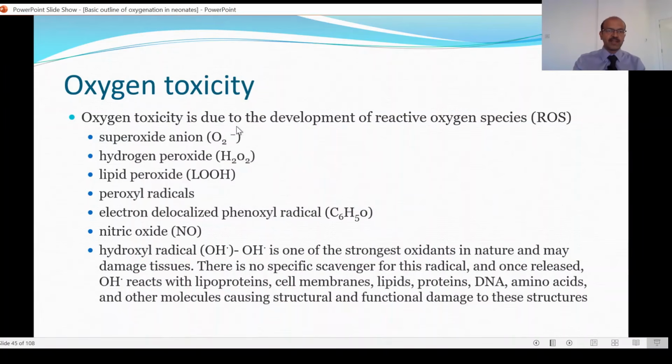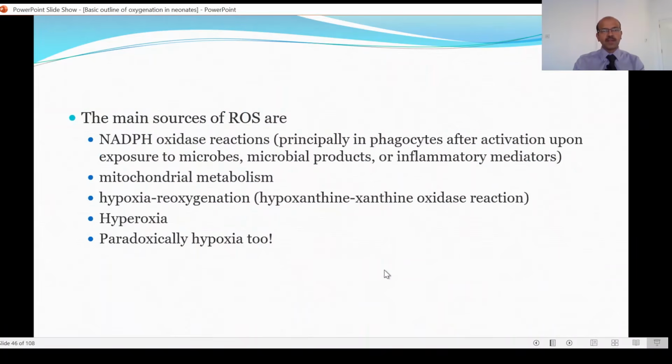Almost all the reactive oxygen species cause damage by any of these mechanisms. The main source of the reactive oxygen species are as part of the NADPH oxidase reactions. In the first video on oxygen, we discussed the electron transport chain in the mitochondria, and the NADPH oxidase reactions happen in those regions.